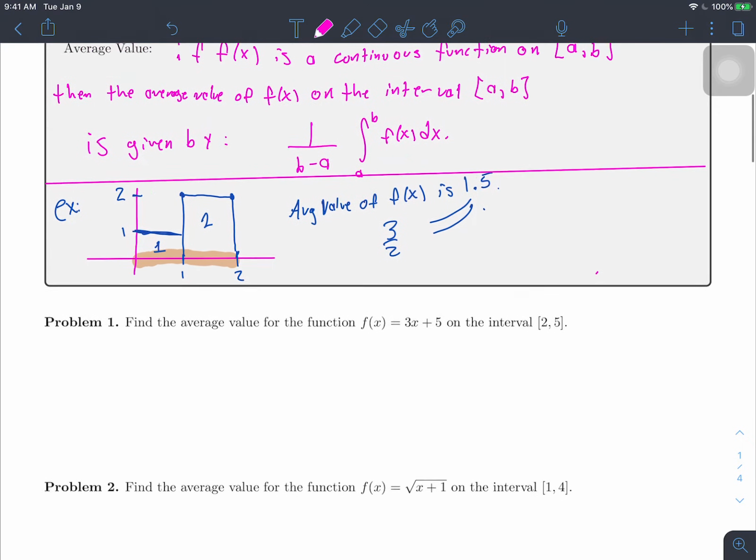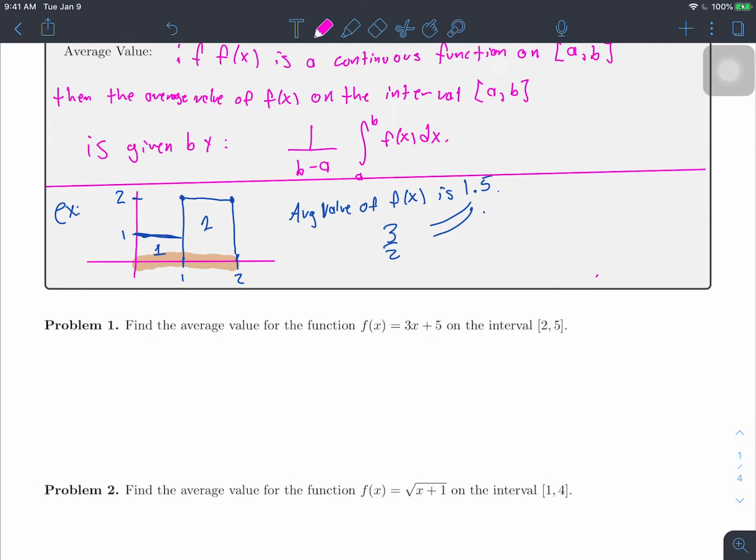So if we want to find the average value here for this function, f of x equals 3x plus 5 on the interval 2 comma 5, then what we need to do is, well, we can have a picture if we want. You know, this is not necessary really, but maybe it will help. 3x plus 5 looks like this.